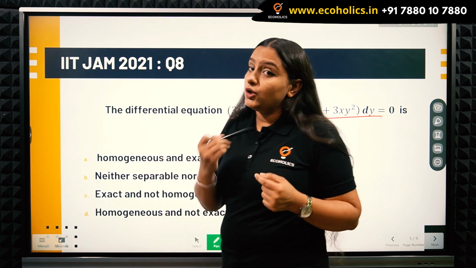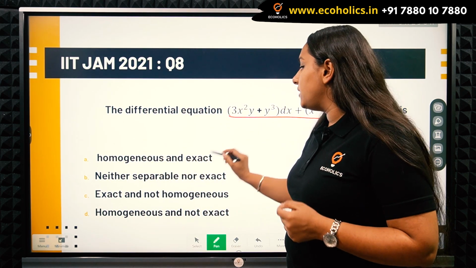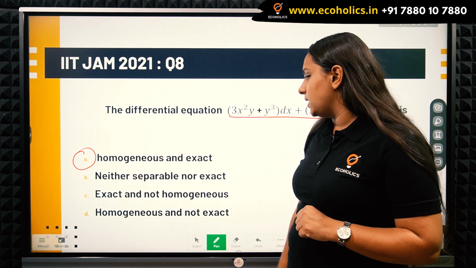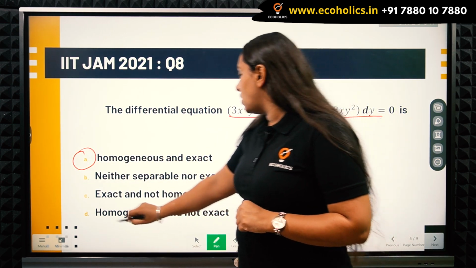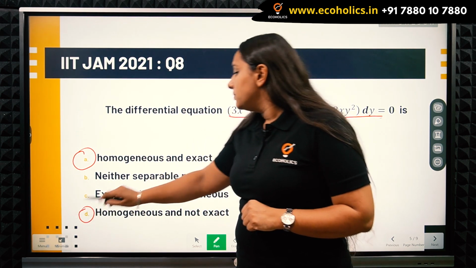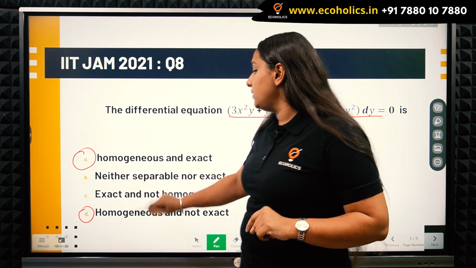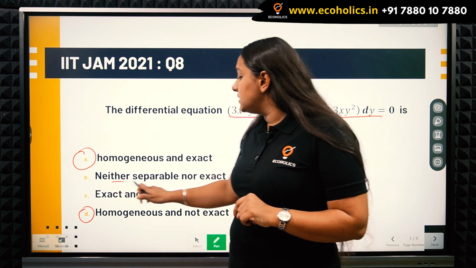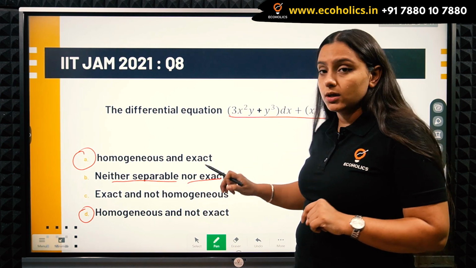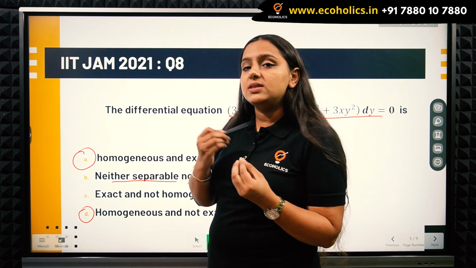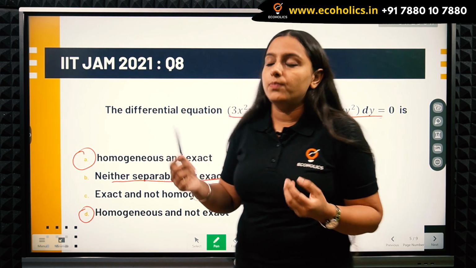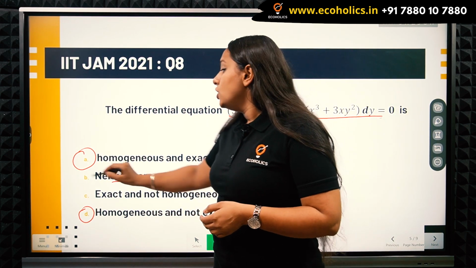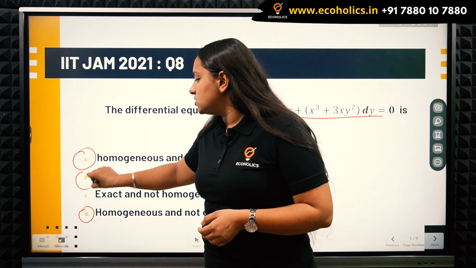So if I reduce that, I know my feasible options can be option A or option D. The second option, if you look at it, we don't have the word homogeneous here because they are saying neither separable nor exact. So they are saying that it's not separable, so it is going to be homogeneous. So yeah, we can have this option also.